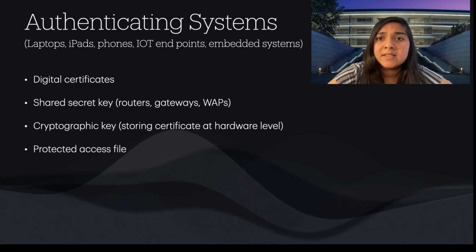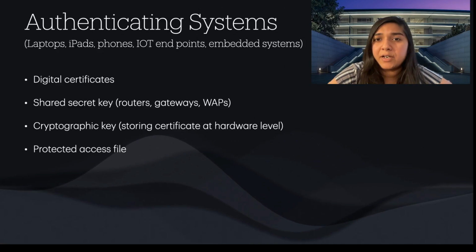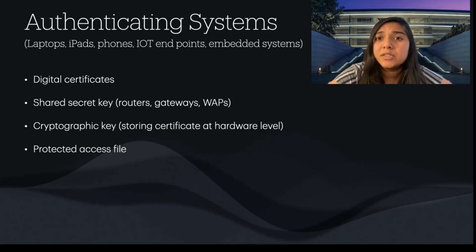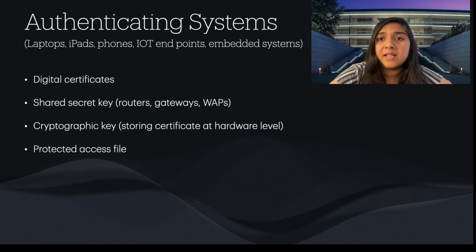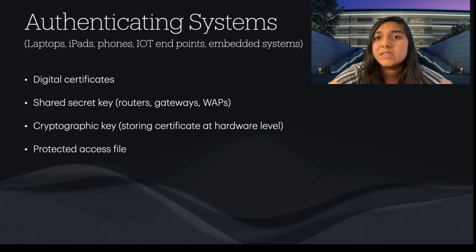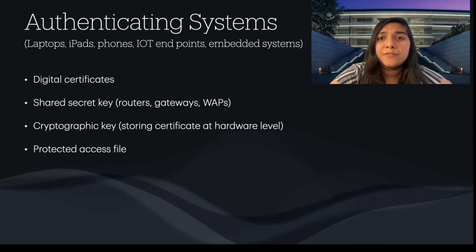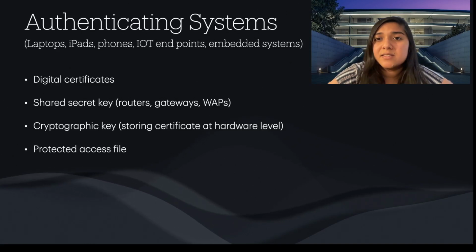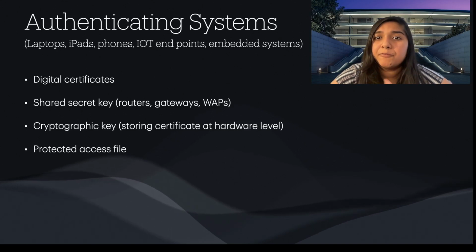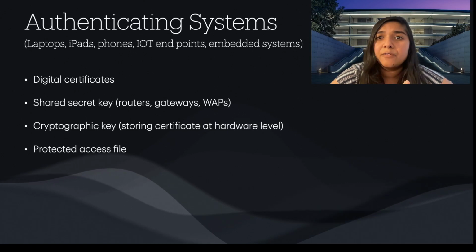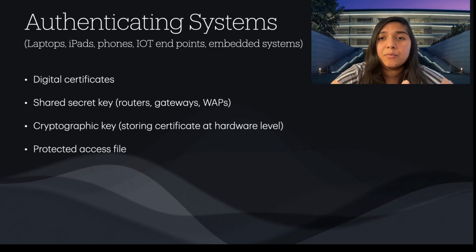If I send an email to my friend, then I would encrypt it using her public key and send it to her, and she would then decrypt it using her private key, and then she would be able to read the message that I sent to her. So if in between somebody else gets that message, then they won't be able to decrypt it because they do not have the private key of my friend. So that's how we make sure that the data is secure while I'm transferring an email from me to my friend.